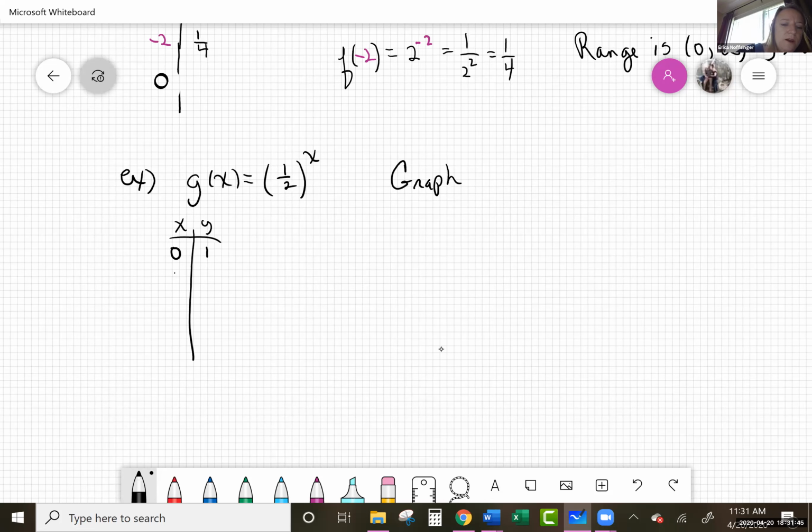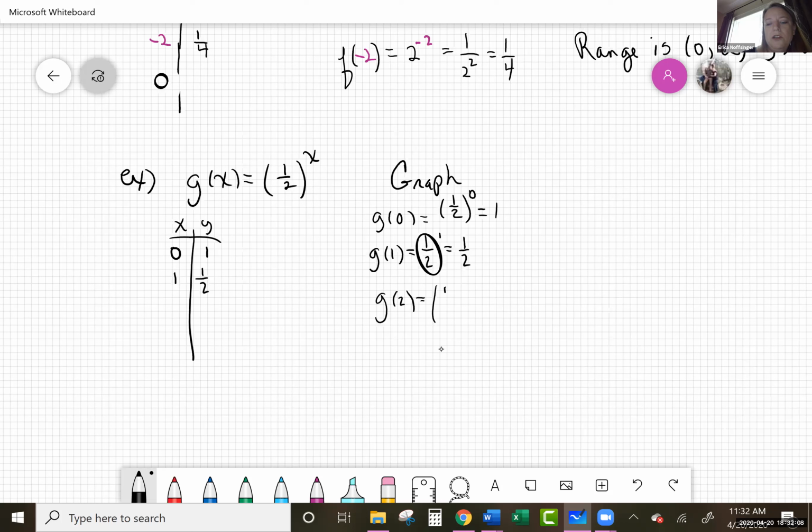If we plug in 1 for x, g of 1, well, that's 1/2 raised to the 1, which is 1/2. If we plug in 2, well, 1/2 squared is 1/4. We're just squaring the numerator and squaring the denominator, or 1/2 times 1/2 is 1/4.